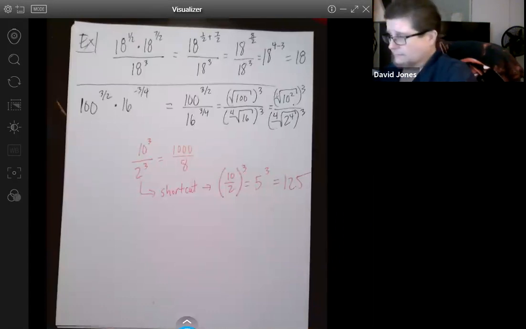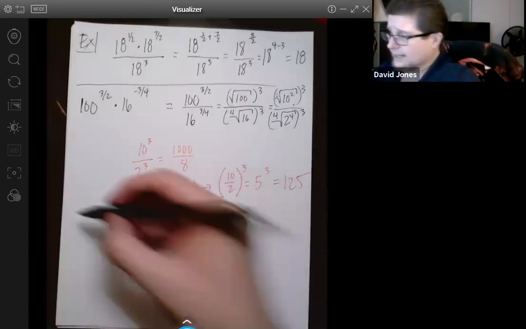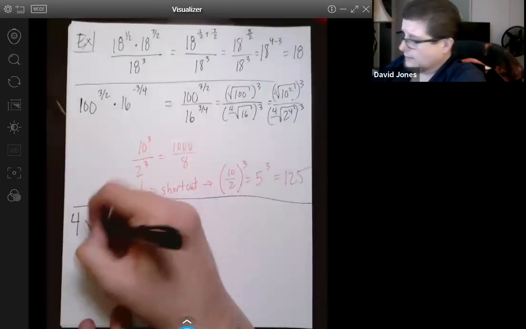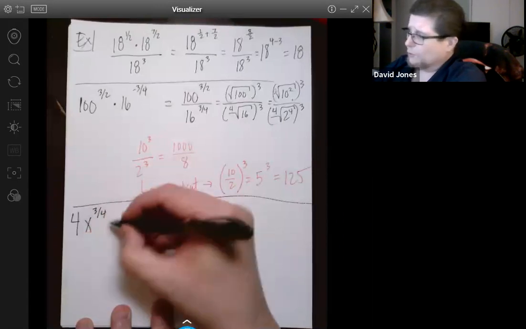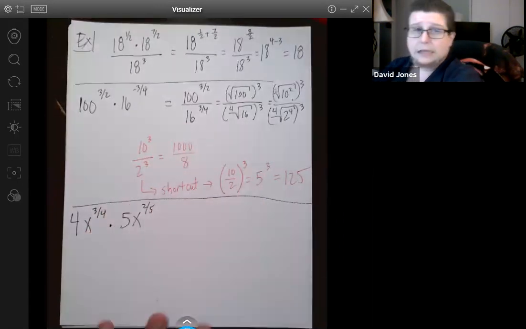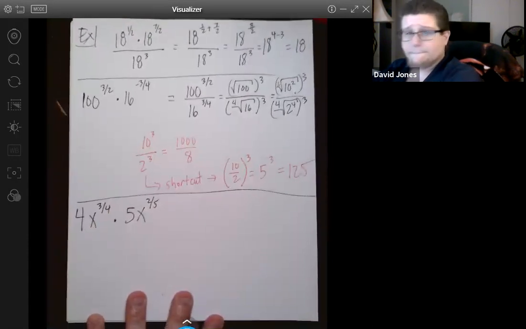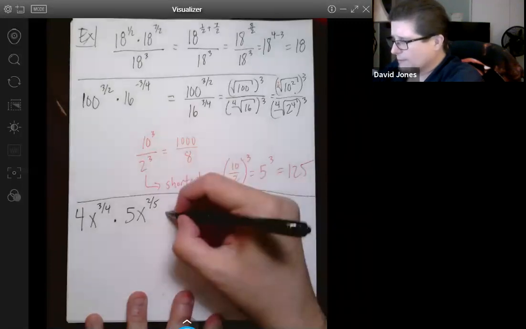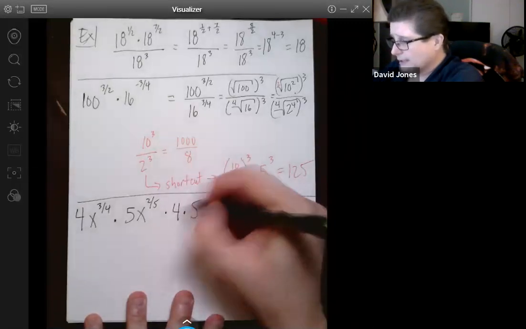Okay. Let's kick it up a notch. Now we'll throw some variables in. 4x to the 3/4, and we'll multiply that by 5x to the 2/5. Here we're multiplying, so we multiply the coefficients separately.